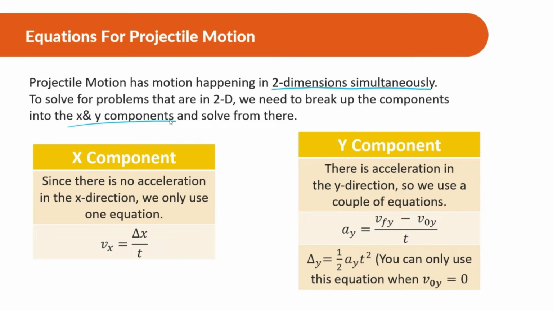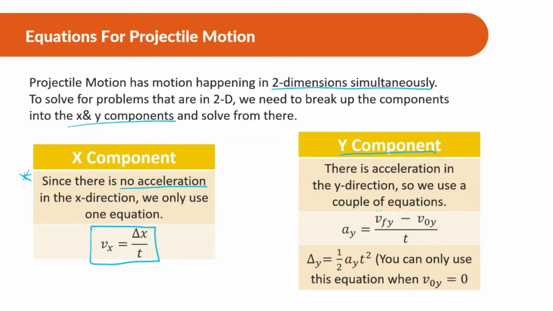Luckily, in the x component, since there is no acceleration, velocity in the x direction is constant, so we only use one equation. In the y direction, however, there is acceleration, there is gravity, so we use a couple of equations.